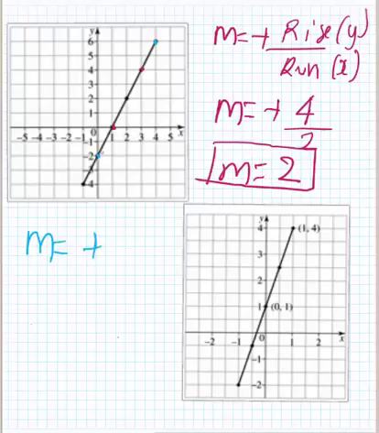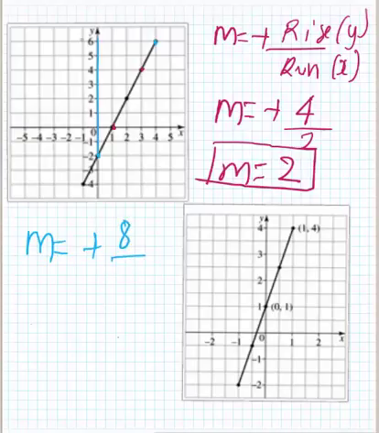Now I can forget about negatives and positives. I simply count from this point to that point, how many units do I rise? Let's go 1, 2, 3, 4, 5, 6, 7, 8. So from this point to the same level as the other point, there is a rise of 8.